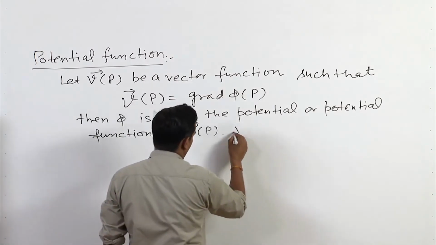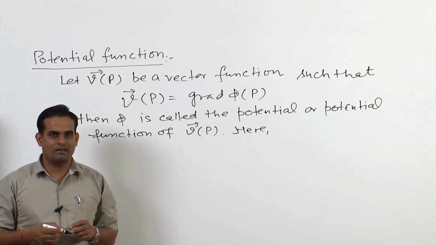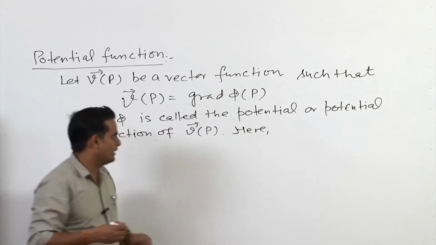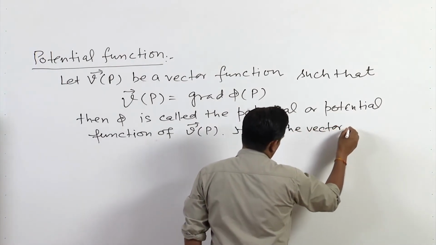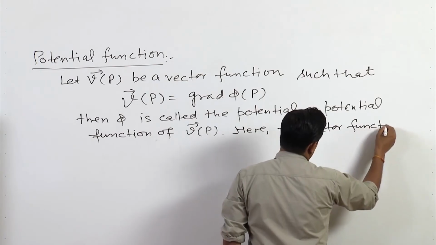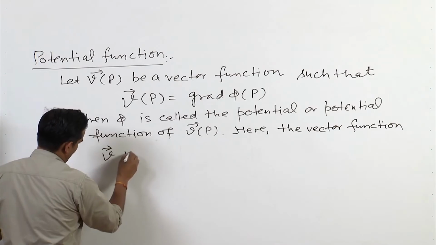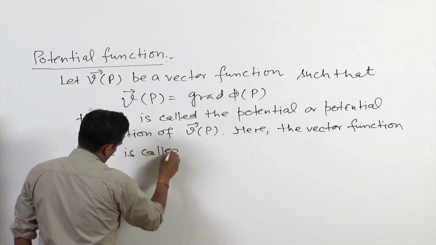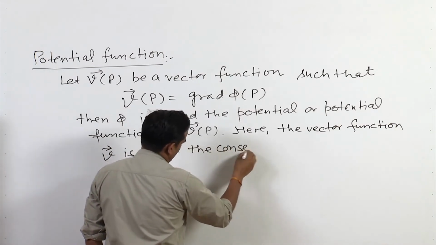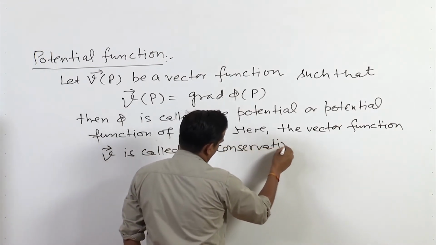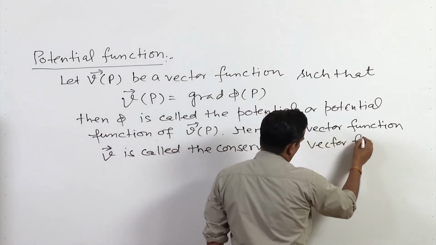Here, if you are able to find a potential function for a given vector function, then the vector function V is called the conservative vector field.